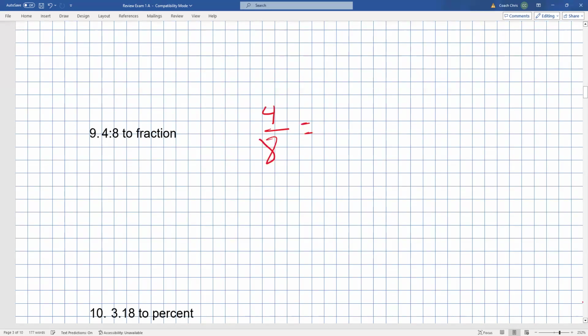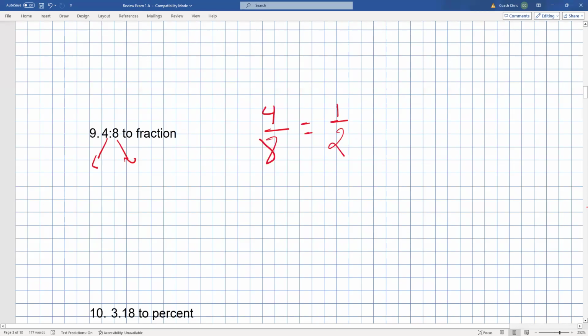I simplify by 4, I got 1. 8 by 4, I got 2. This is how you convert this ratio right here to a fraction. It means get the number on the left side of the semicolon, put that on top, and the number on the right of the semicolon, put that on the bottom, and simplify if you need to.